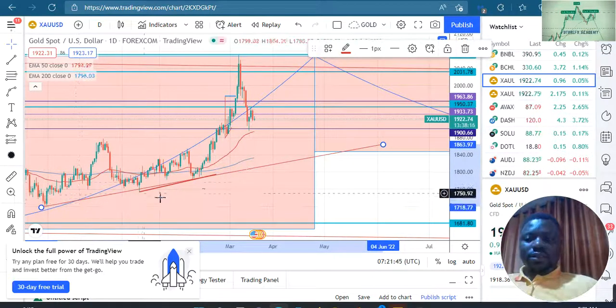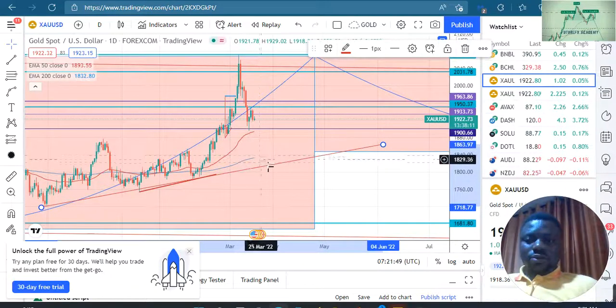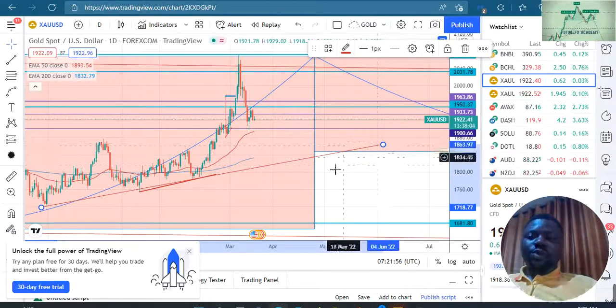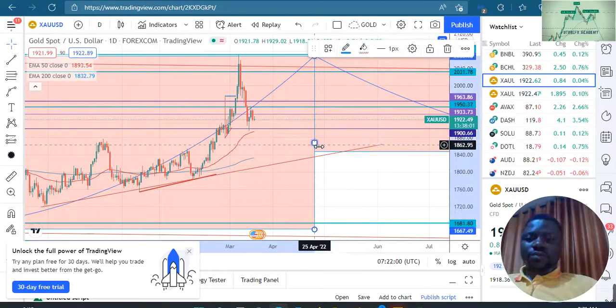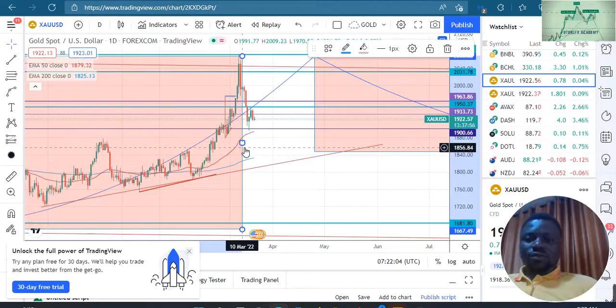So I've extended this particular channel. So expecting more sell, then when it touches the trend line, you probably begin to look for a move above.